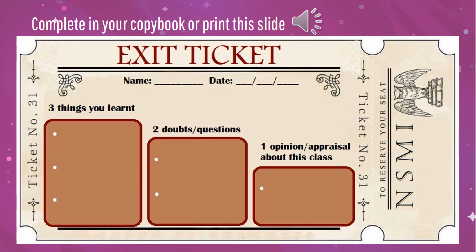También remember to write your name and the date in which you did this activity. Entonces, 3 cosas que ustedes aprendieron en este capítulo o en esta lectura, 2 preguntas o dudas y una opinión sobre esta clase. Recuerden mantener este registro en sus cuadernos.